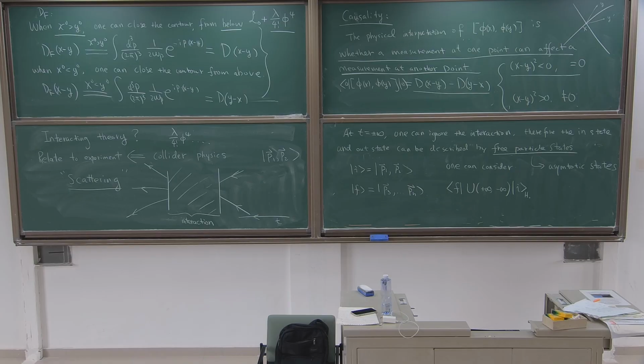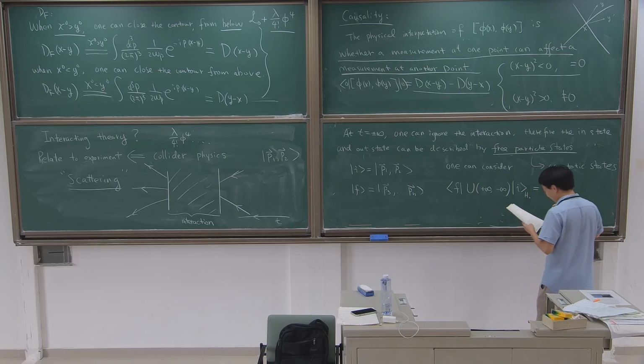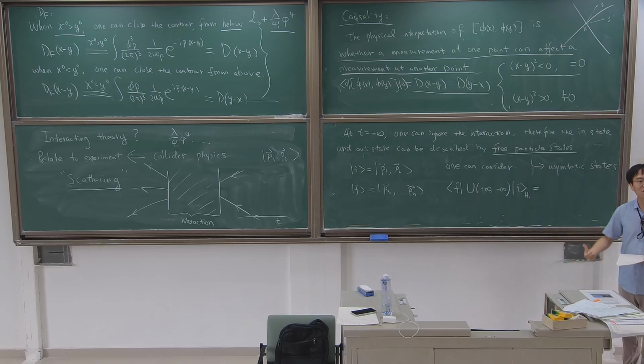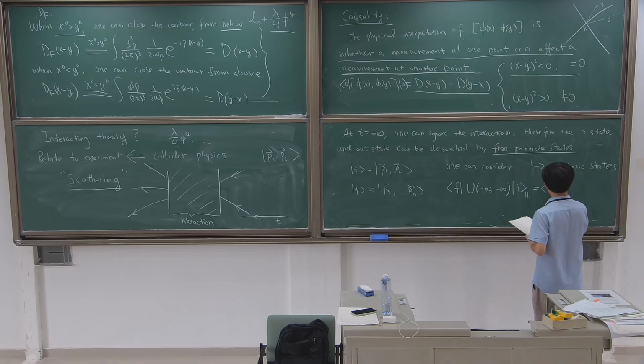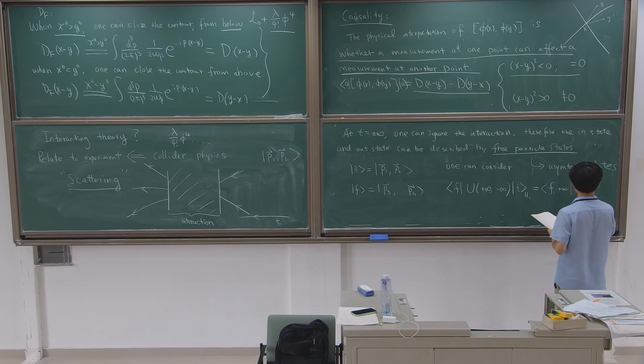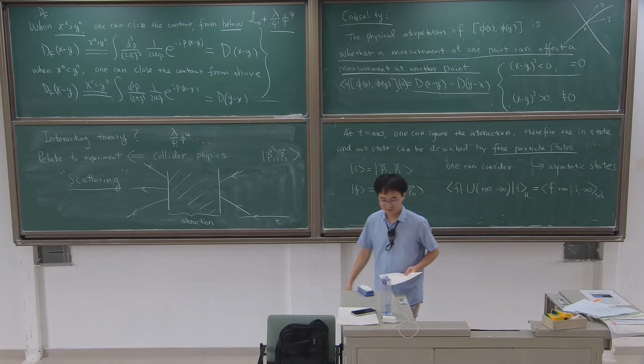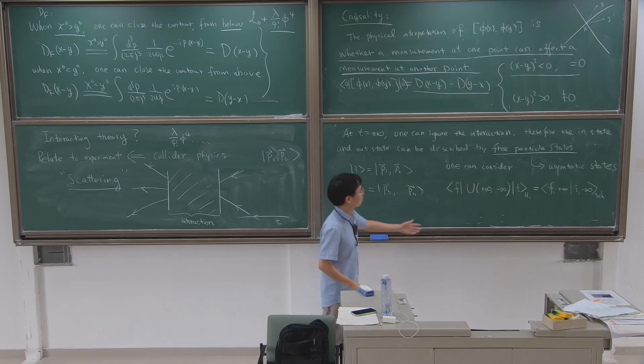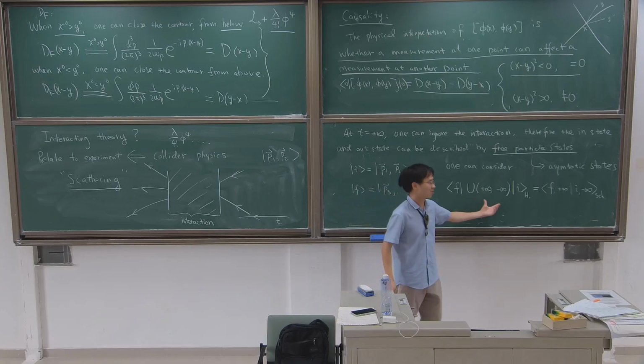If you want to switch to the Schrödinger picture, all the time evolution is already included in the state, so it's a simple overlap using this state. This is the Schrödinger picture. But we frequently use this one, not this one. Just to clarify.